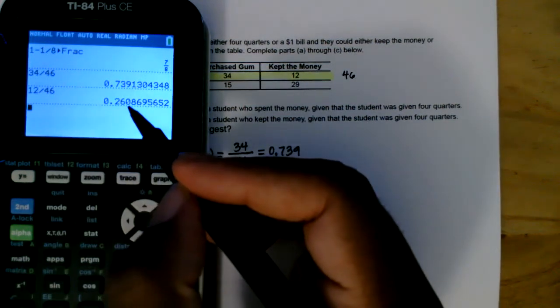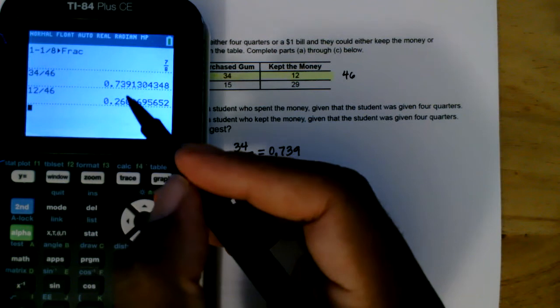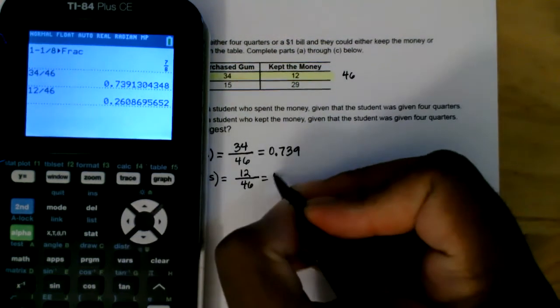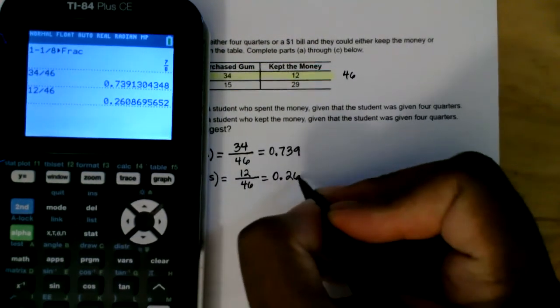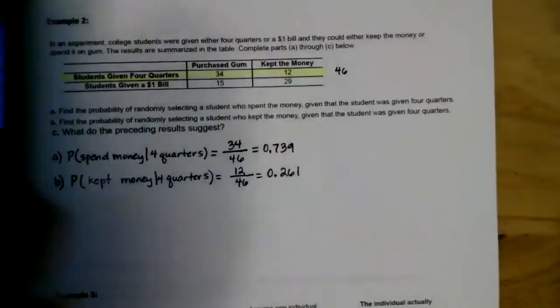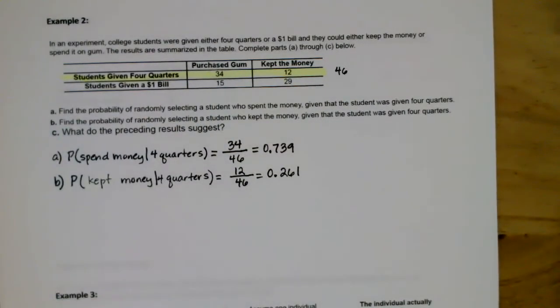Because the third digit is a 0, the 8 to the right of that will make the 0 a 1. So the probability that a randomly selected student kept the money given that the student was given 4 quarters is 0.261. That's how we do conditional probability here.